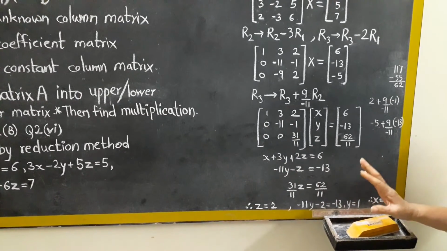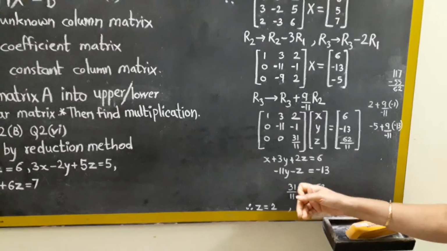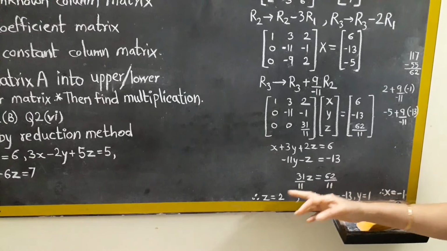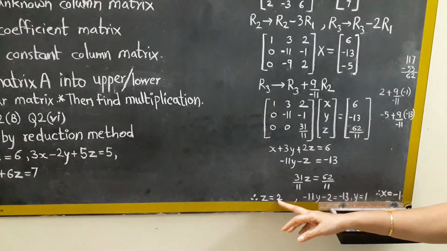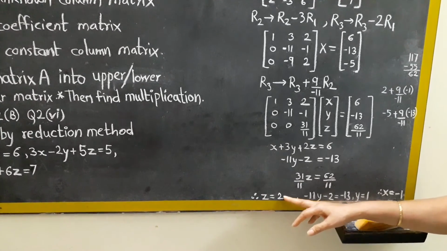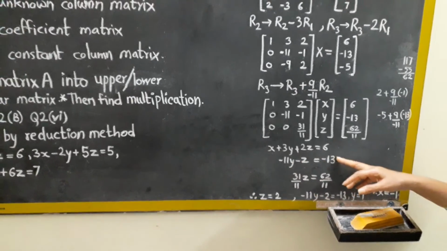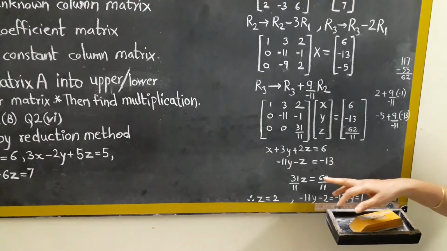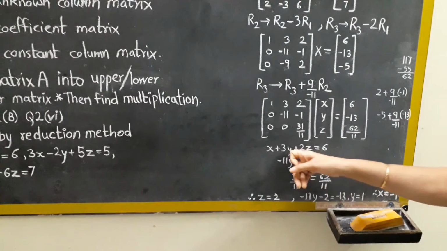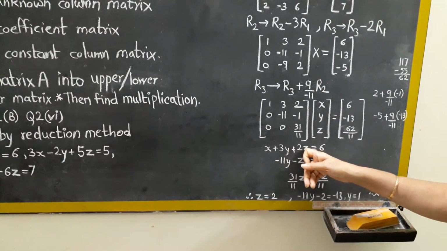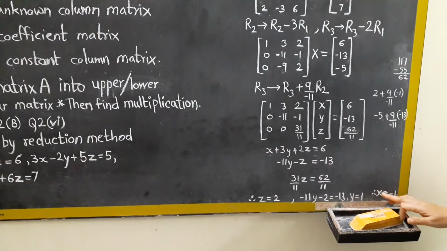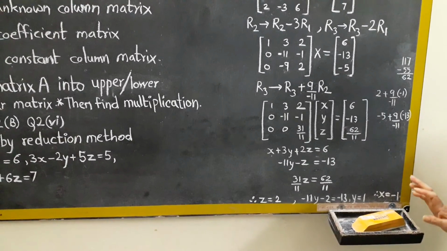This magic is there, and of course if only one variable is there, you know how to calculate it, and we are getting z is equal to 2. Once I get the value of z, I put it in this equation to get the value of y equal to 1, and once again y and z are known to me. Put it in this equation will give me the value of x equal to minus 1.